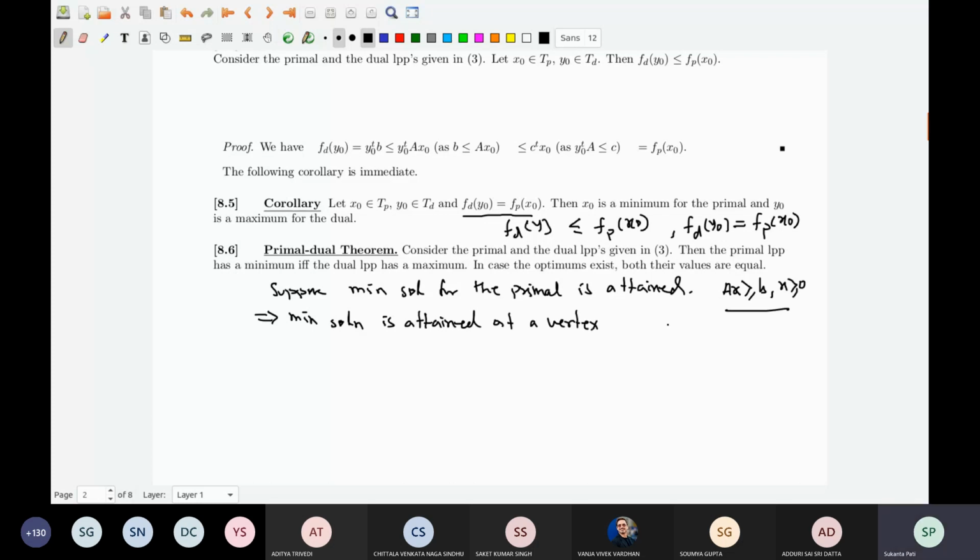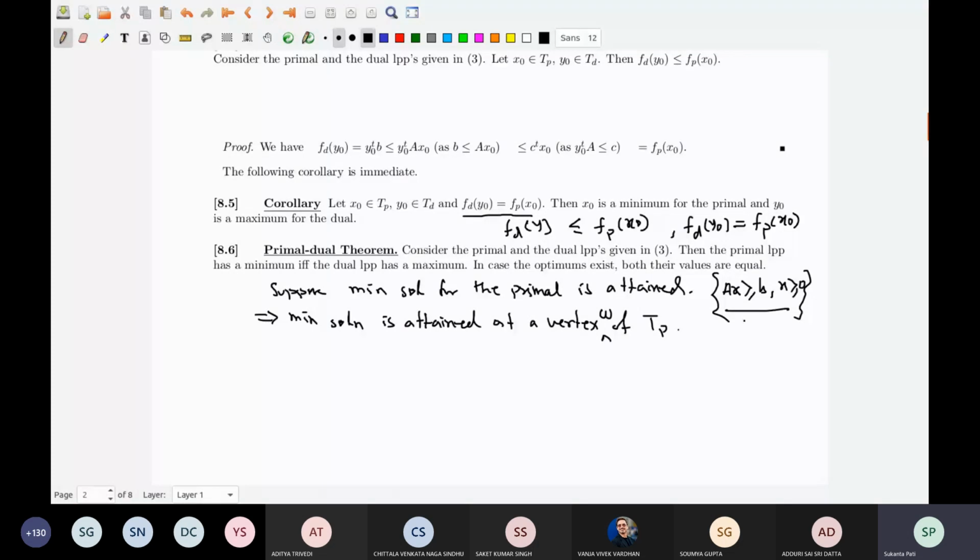Vertex of what? Which set? Vertex of this particular set we have named as TP, so we'll say TP, no problem. Vertex, I will call it W. Fine. Now this set I will write as A tilde x greater than or equal to b tilde.